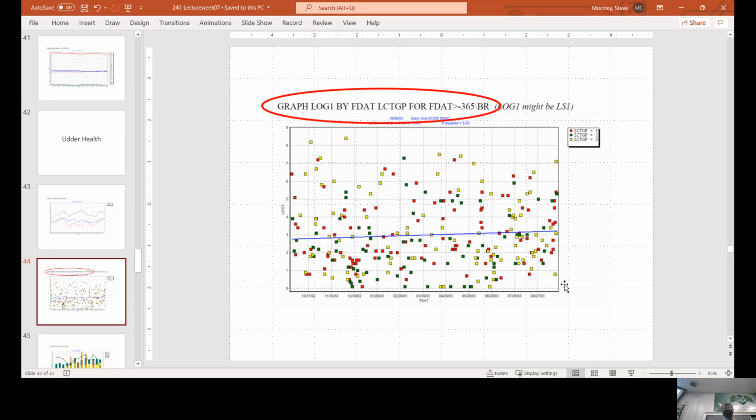So over the last year, what has our linear score done? One of the things you're going to find is that in certain areas of the country, there might be different codes for different things. I think they might have combined that together, but log 1 versus LS1, linear score 1, log of somatic cell 1. So we're looking over the last year, what's happened to our somatic cell.